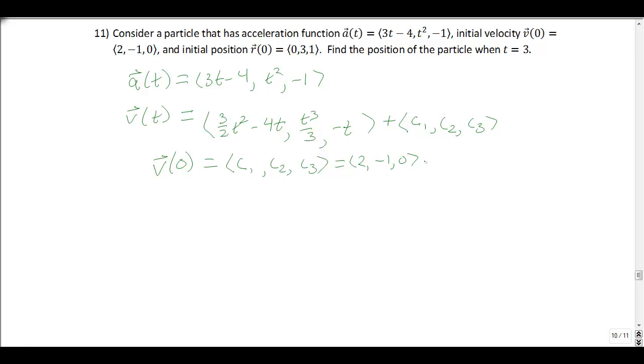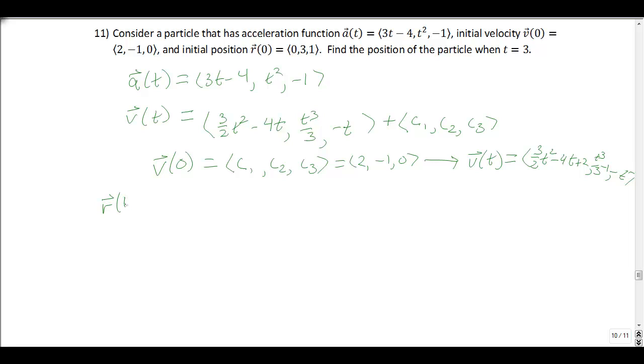So you plop those in here, and that tells us our velocity is 3 halves t squared minus 4t plus 2 for c1. We get t cubed over 3 minus 1, 1 being the c2, and we just get a negative t there for c3.